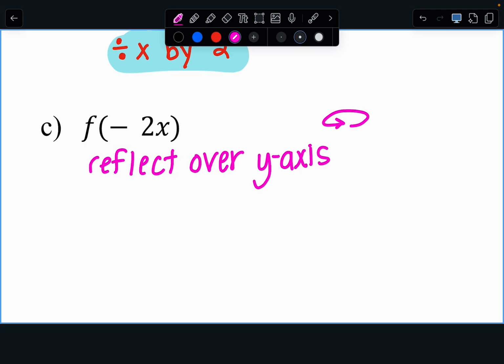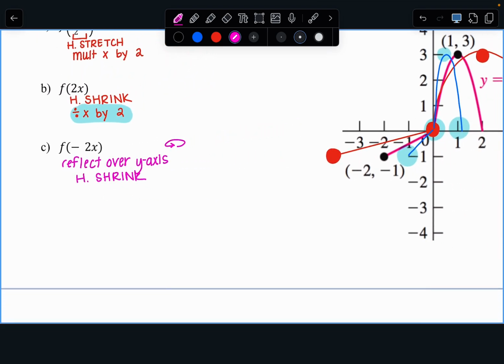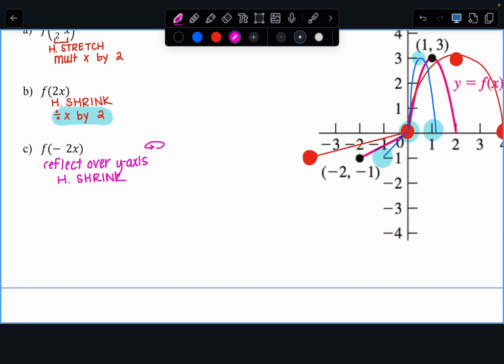And this is a horizontal shrink. So basically what we're doing is multiplying, or sorry, let me rephrase that. We are dividing our x values by -2.